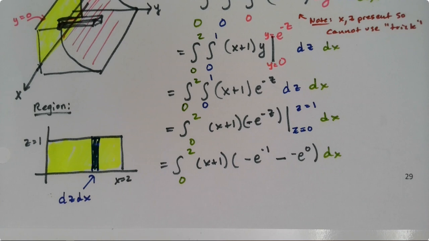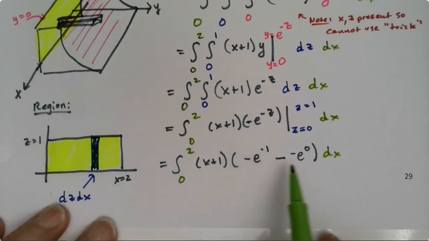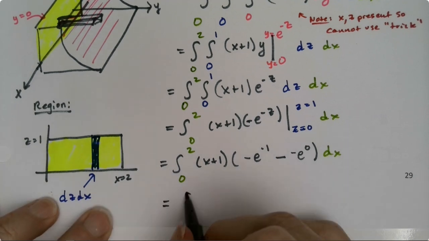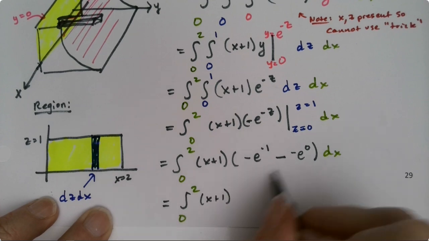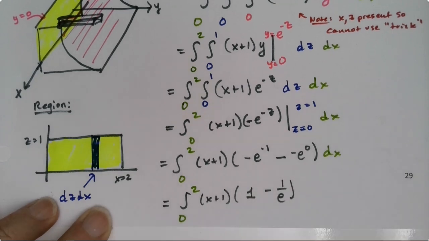And then a negative power is really 1 over, right? So this is 1 plus 1 over e, if you will. So this is the integral from 0 to 2 of x plus 1 times, okay, negative 1 would be 1 minus 1 over e, dx.